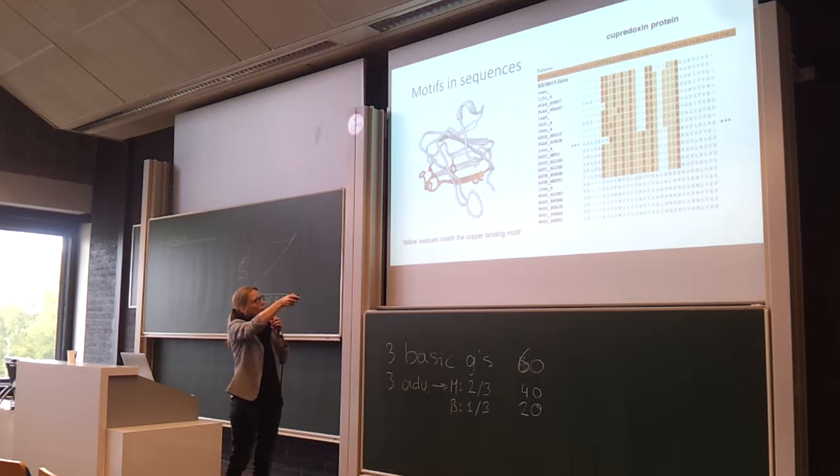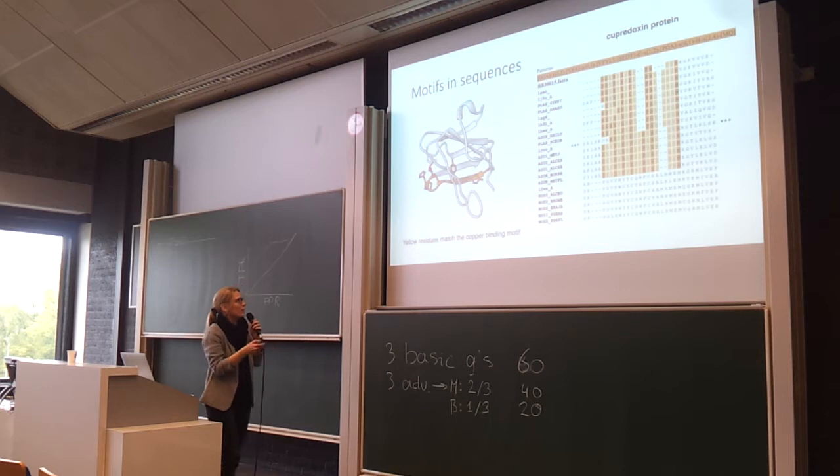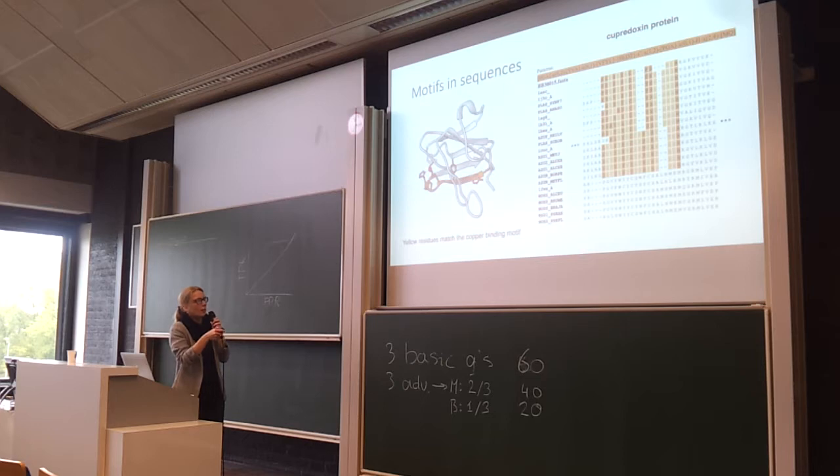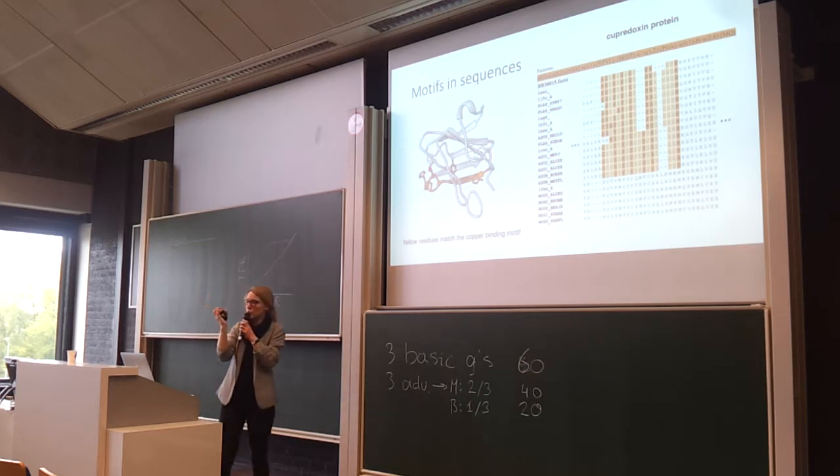And you see them also here in dark yellow in this multiple sequence alignment motif. Now what does this do? This is actually a copper binding motif. And these residues are almost at the same exact spacing from each other. And typically in this 3D structure they would also have the same orientation to this copper here. So especially this pocket here. These residues really need to be at a certain distance from each other to be able to bind this copper.